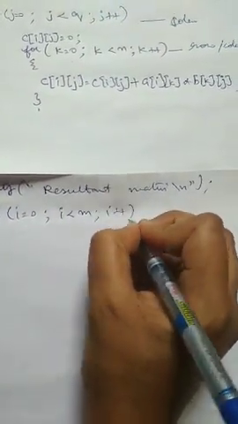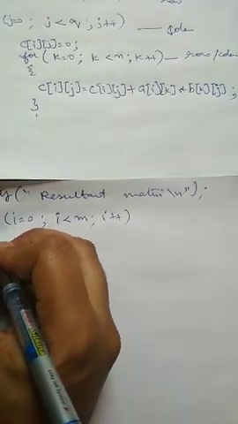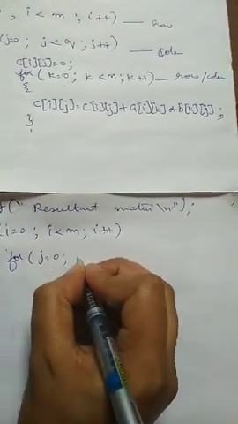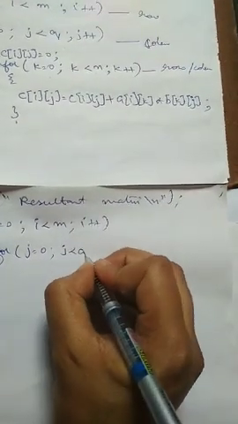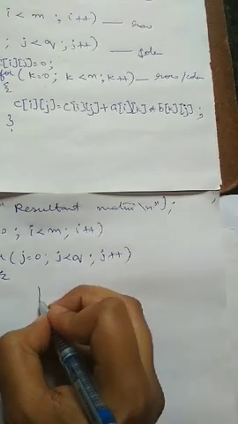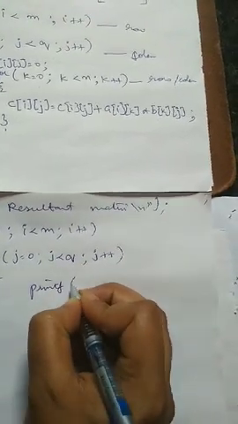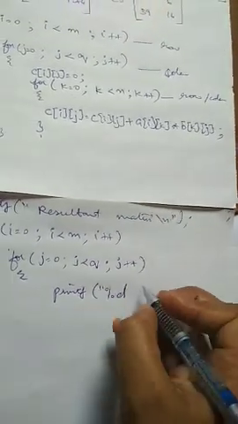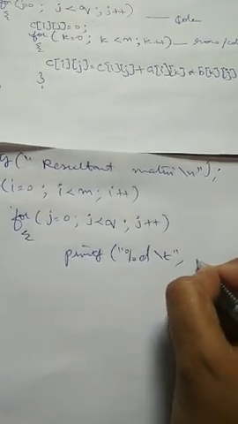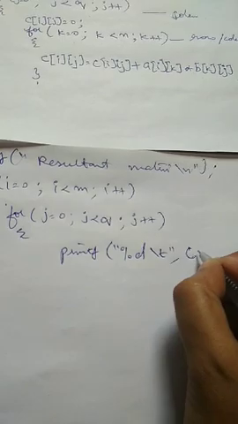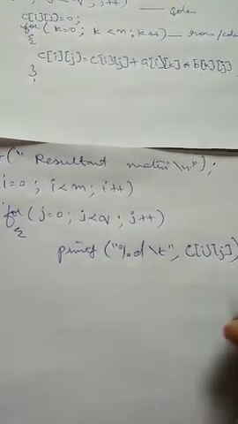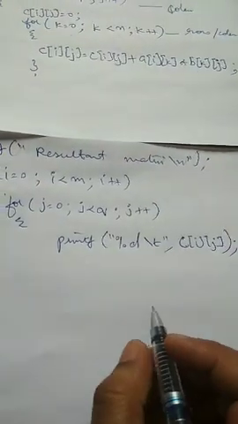Then, for printing, put the bracket: J is equal to 0, J is less than Q, J plus plus. So printf, I have to print only the number and I will give a backslash t for tab. Where do I get it from? From C of ij, which is where I stored the elements.